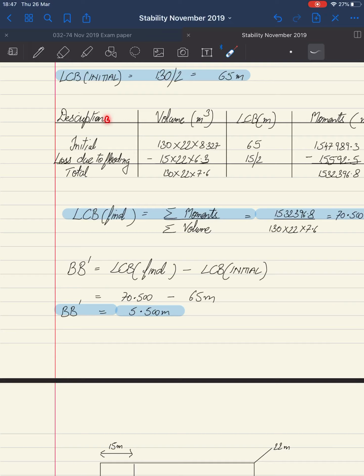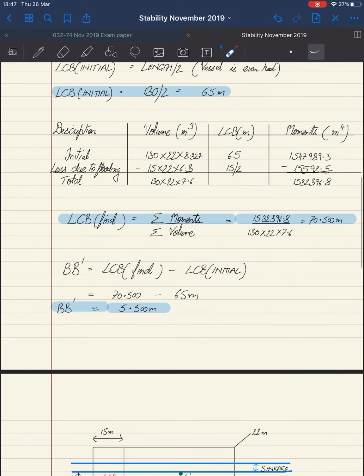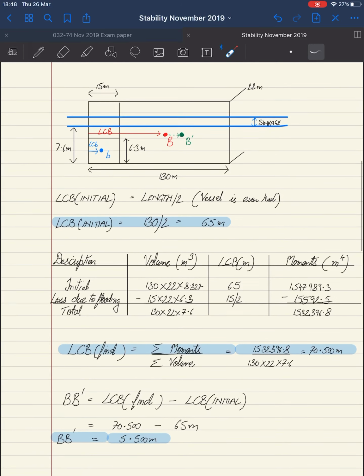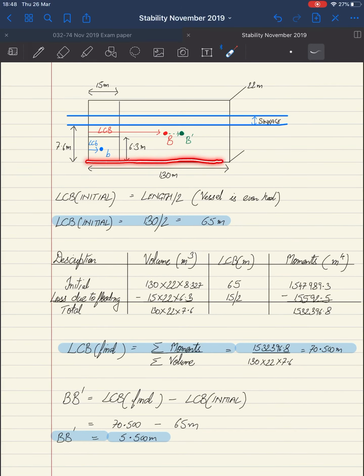We have made the table with description, volume, longitudinal center of buoyancy in meters, and moments. Initially, my initial volume is length times breadth times the bilged draft. This is length, this is the breadth, and this is the bilged draft.